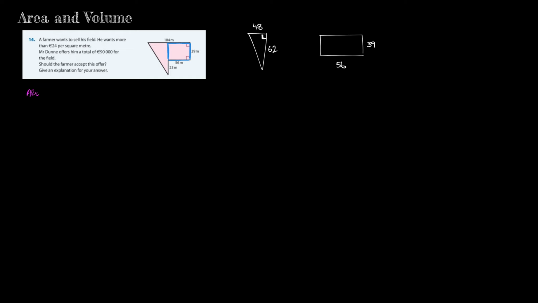Area of the triangle is equal to half the base multiplied by the perpendicular height.